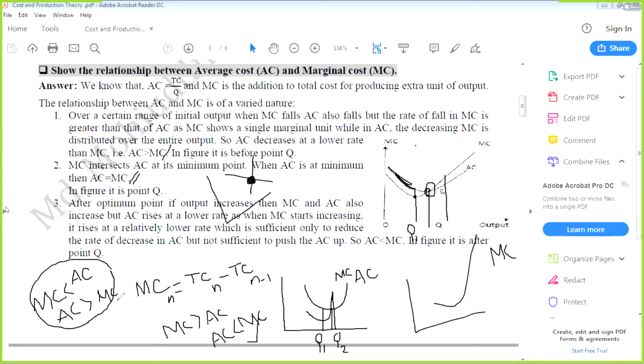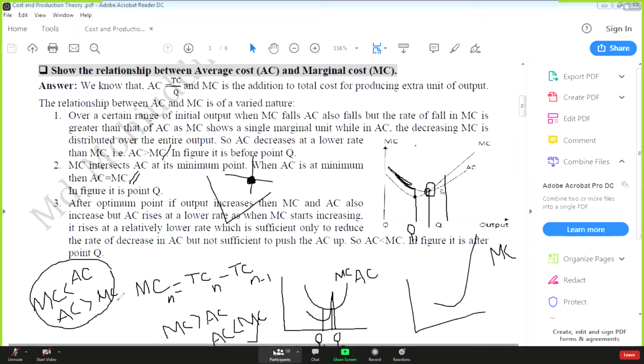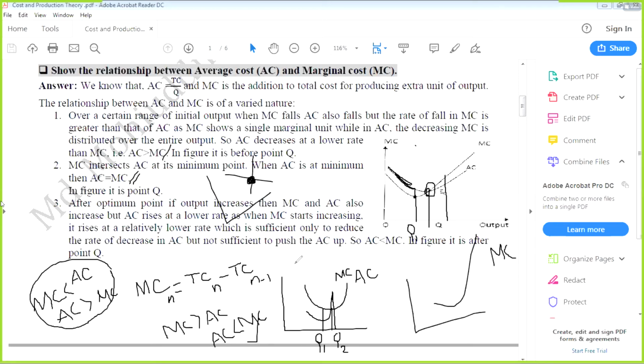Sir, marginal cost decreases fast. So on what basis, on the decreasing point or the increasing point? MC is less than AC, on what basis? Yes, sir, MC falls faster than AC, but we are saying MC is less than AC.